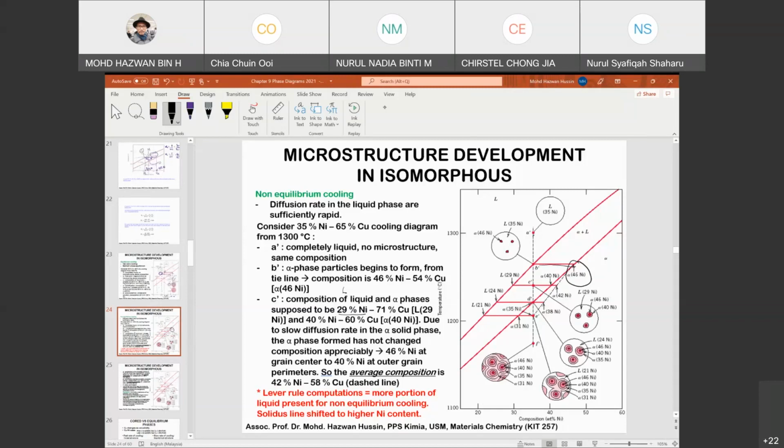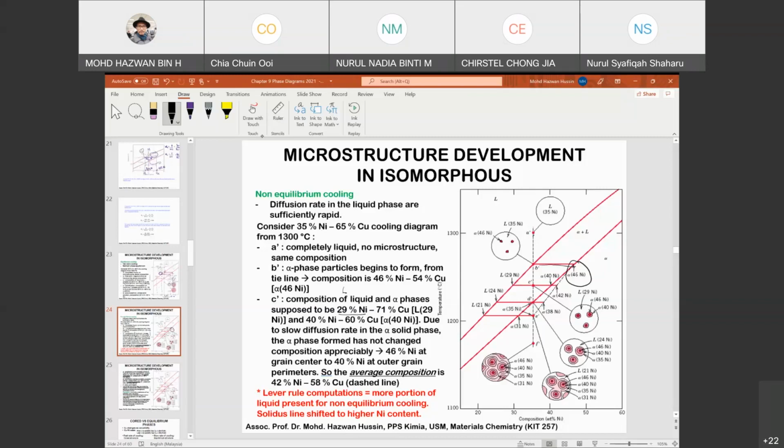Just want to explain a little bit on this. Basically, as I told you, since this is a non-equilibrium cooling, before the material changes to another phase or completely changes its composition, it is not converted completely due to the fact that it has been quenched, or the cooling process is quite fast.